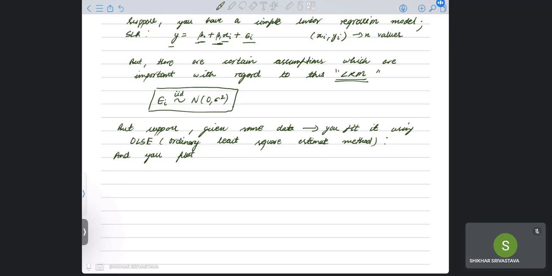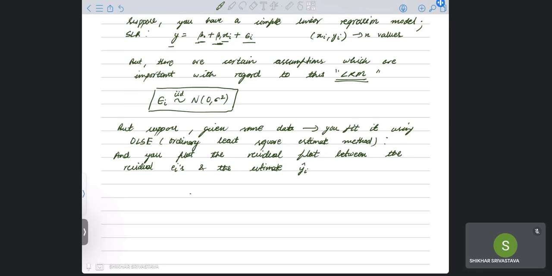Then you plot the residual plot between the residuals e_i and the model estimated response variables y_i cap.